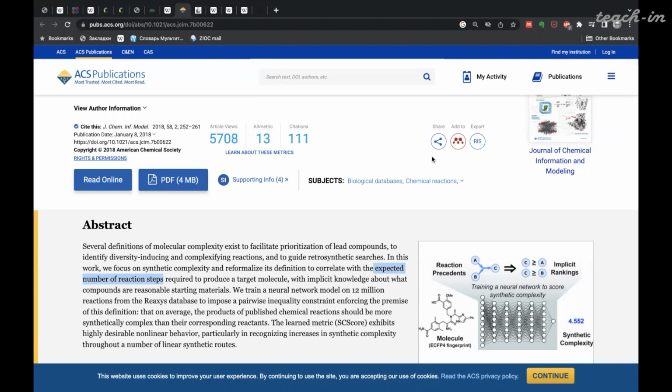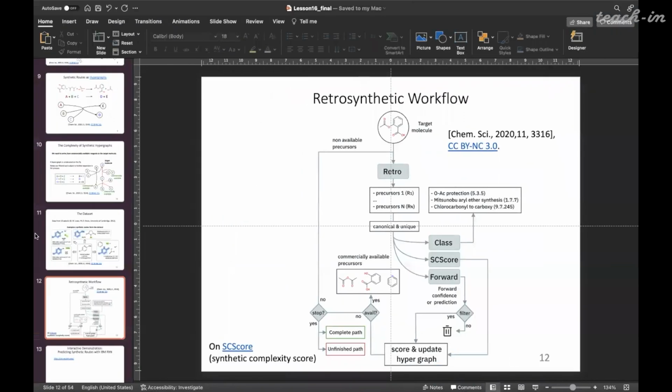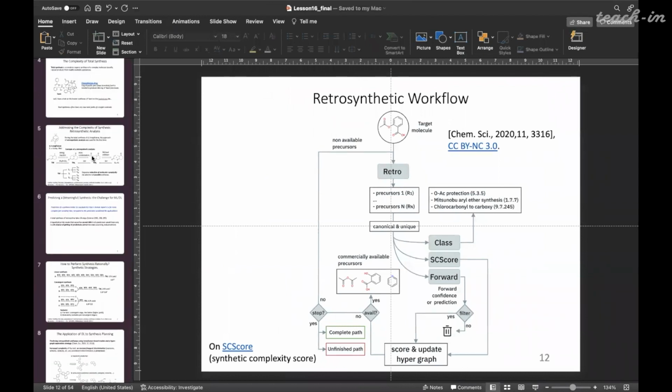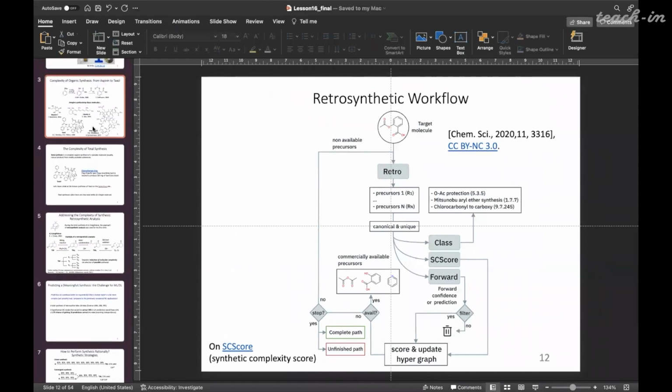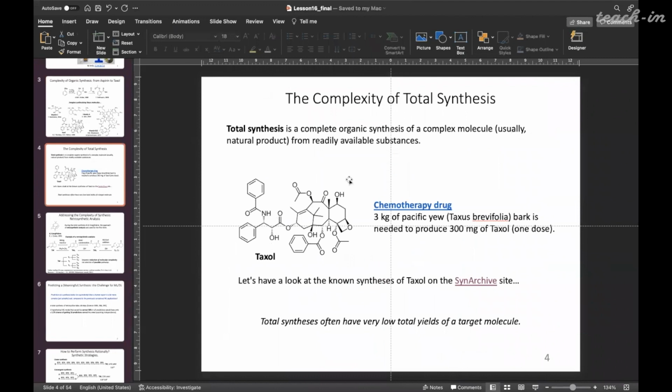And so indeed, the synthesis of Taxol, which is molecularly complex, requires a lot of steps.